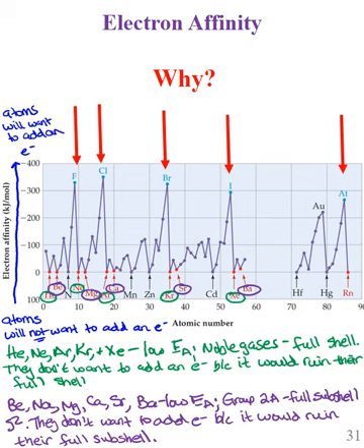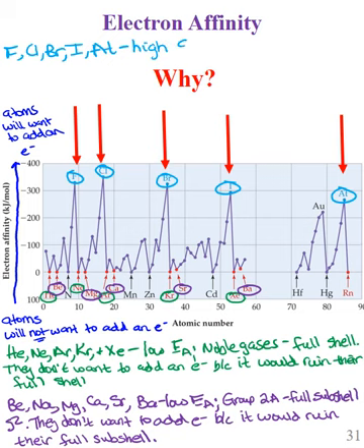Okay, now let's look at fluorine, chlorine, bromine, iodine, and astatine. We would see that these have very high electron affinities. Why do you think they would have very high? These are going to want to add an electron, because if they add one electron, then they are going to be isoelectronic with a noble gas.